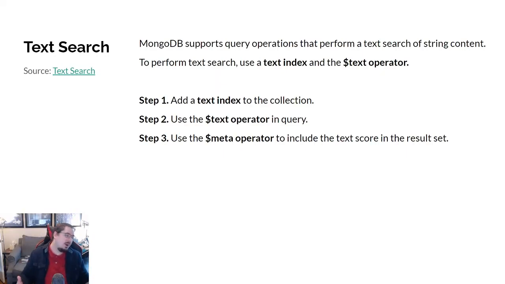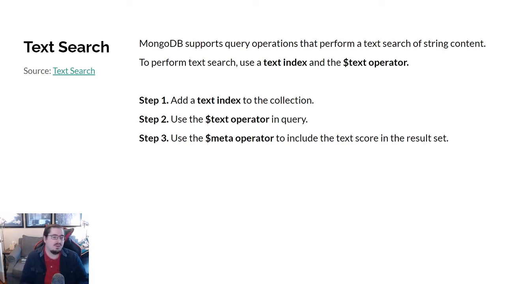So now let's talk about how you actually do the text search. MongoDB supports query operations that perform a text search on string content. In order to perform that text search, you need to use both a text index and the $text operator. So there's basically 3 steps to do a typical text search.